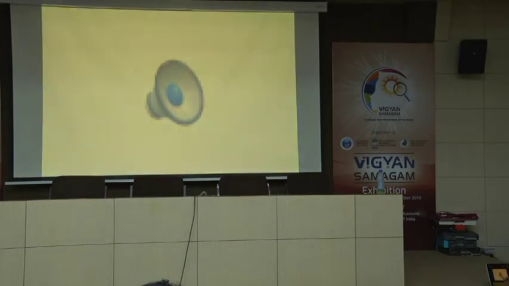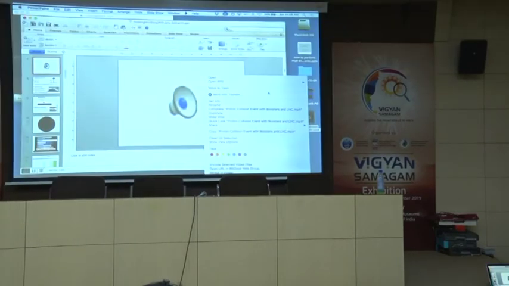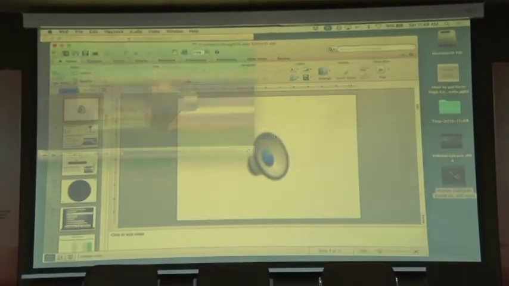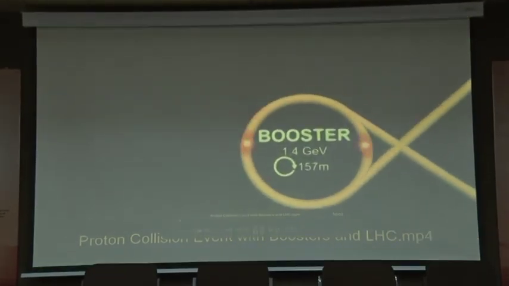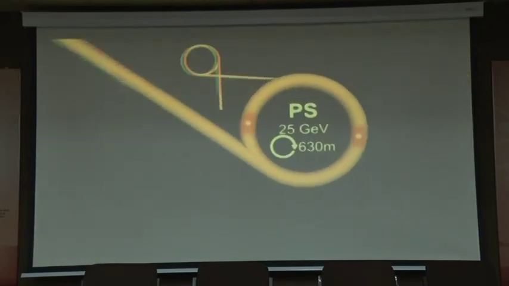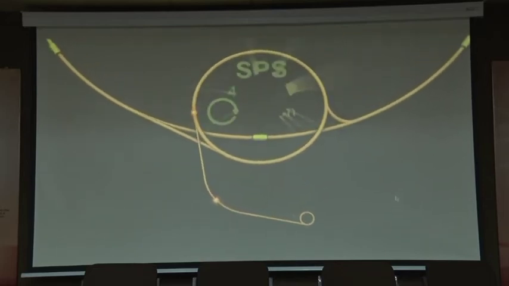So let me show this video. This video is showing you how the particles are accelerated and then you get the collision. So let me hold it here.